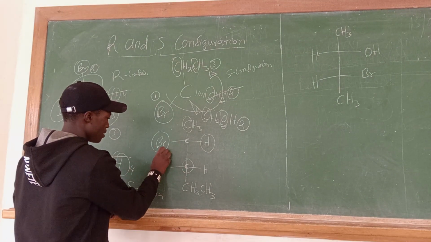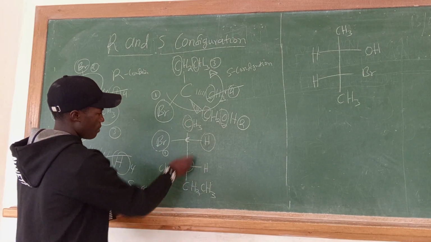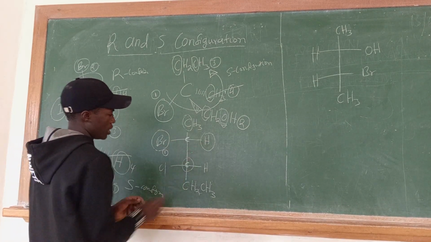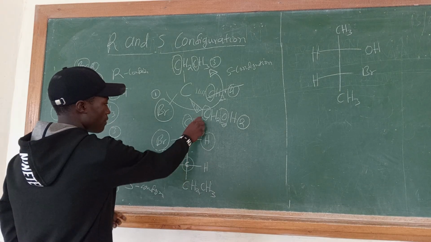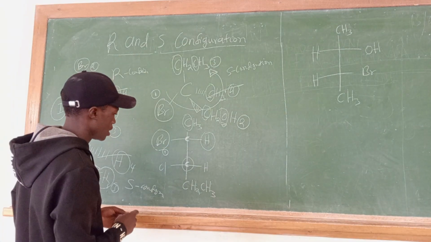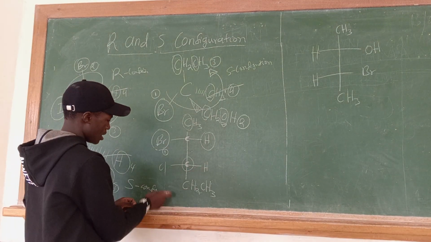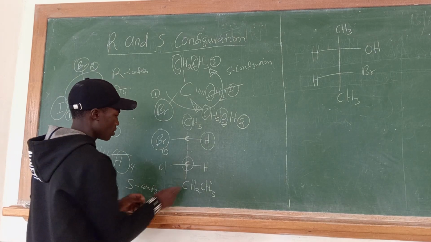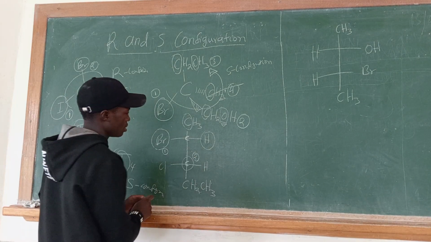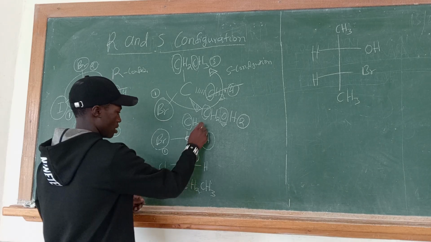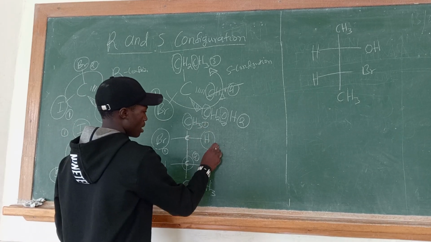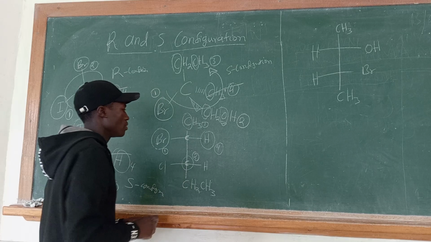So, bromine takes the lead. Then, we have a carbon, then hydrogen. So on this carbon we have a hydrogen bonded to it. Then on this carbon we have hydrogen, because we have chlorine and all these other groups. So this one will take the lead. Then number 3 will be the methyl group. Then hydrogen is always least.